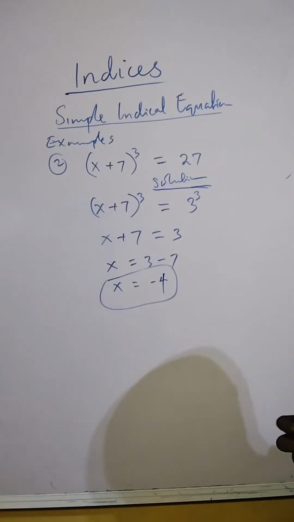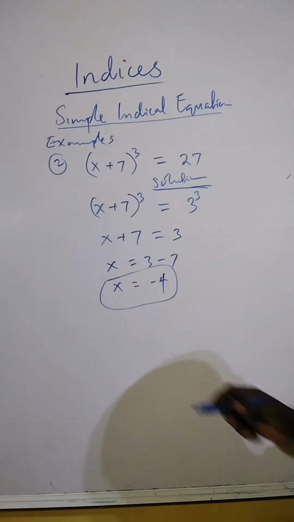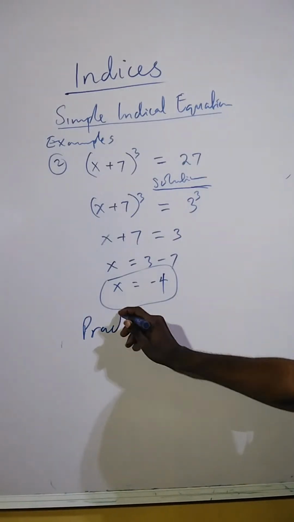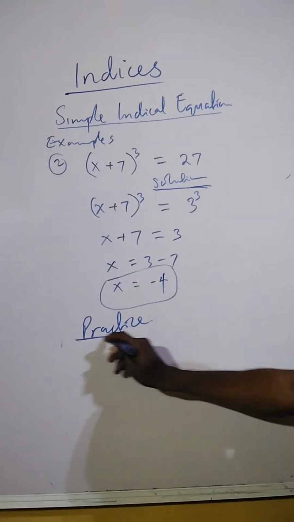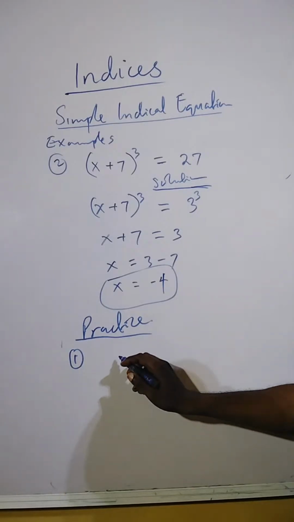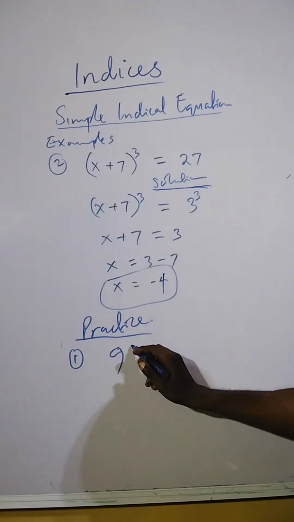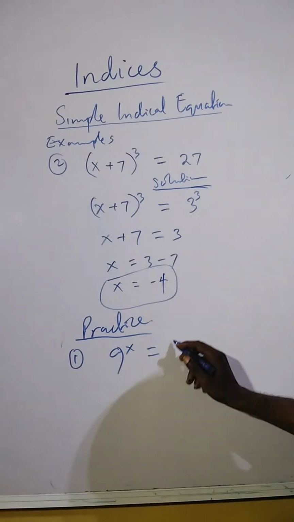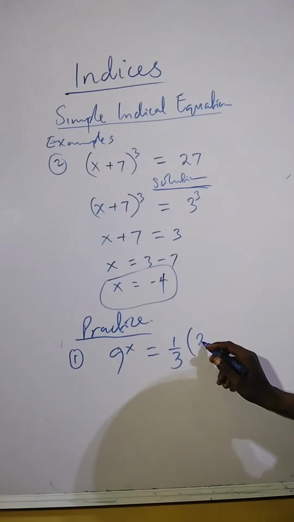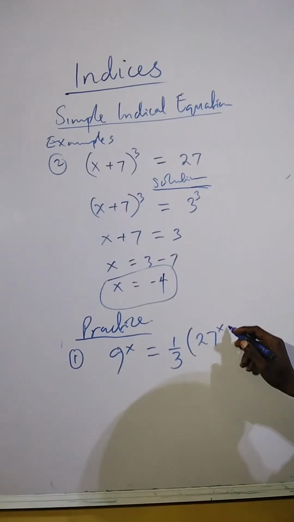Let me give us one question here, and we try it as a practice question. So we have practice. Number 1: 9 raised to power x equals 1 over 3 times 27 raised to power x.